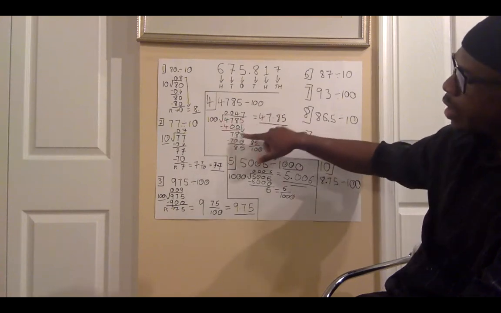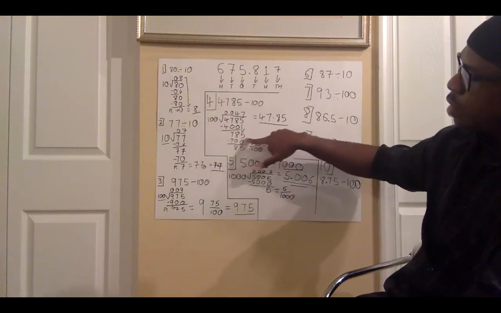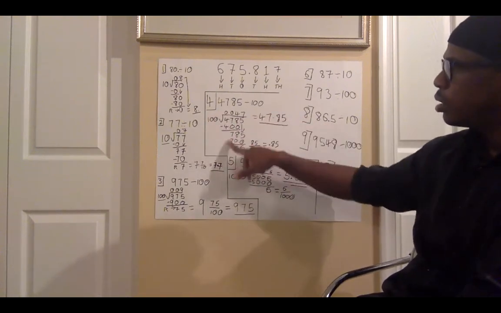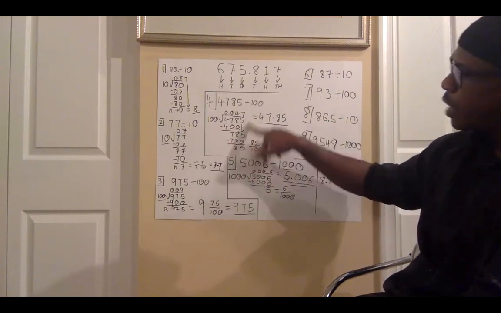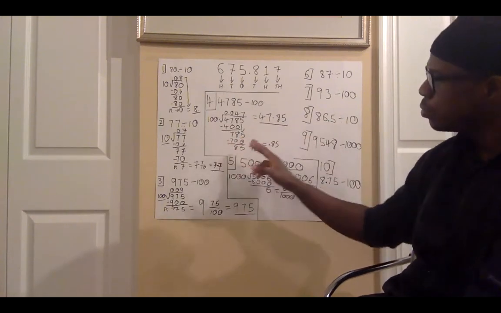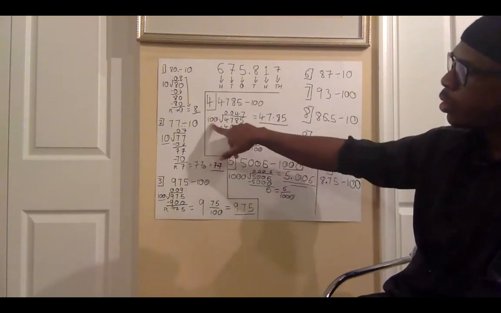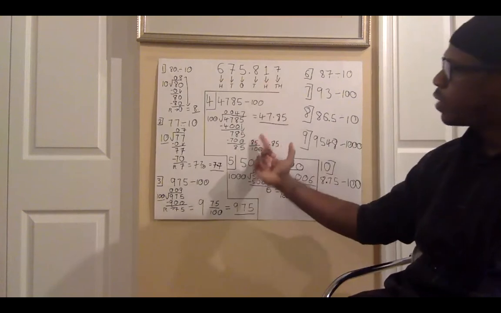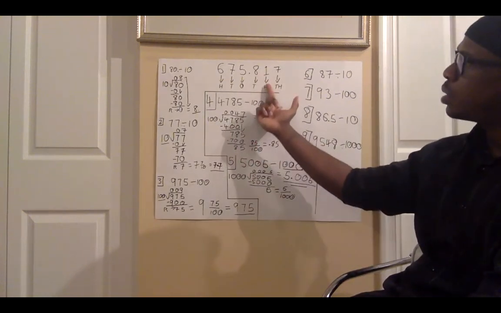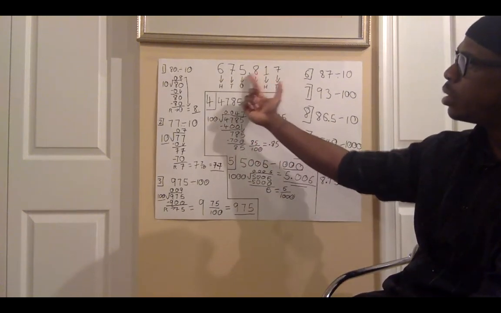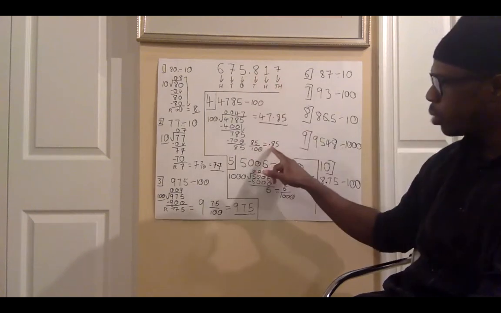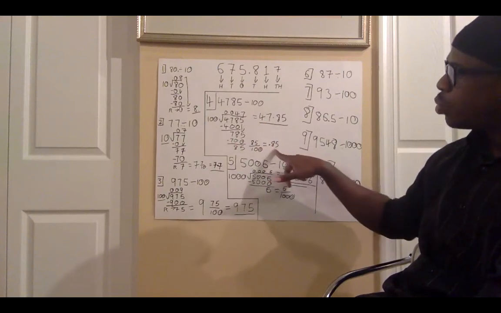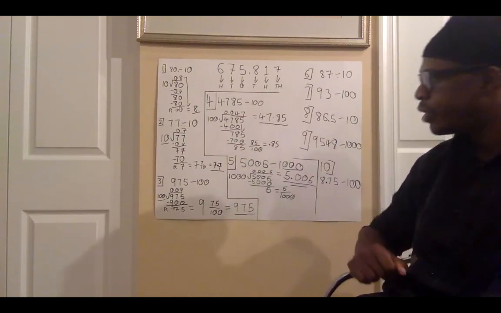You carry down the 5. 100 can go into 785 7 times. 7 times 100 is 700. You subtract them, you get 85. Can I take anything else down? No. My remainder is 85 over 100. So I know that the 85 is in the hundreds place. So the 5 would be here, the 8 will be here, the decimal point will be here, so it's 0.85. When I put 47 and I add the 0.85, I have 47.85.